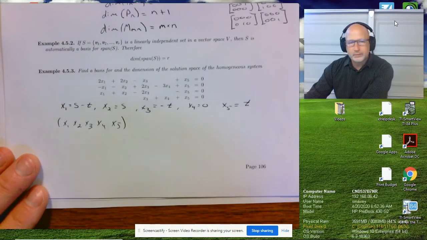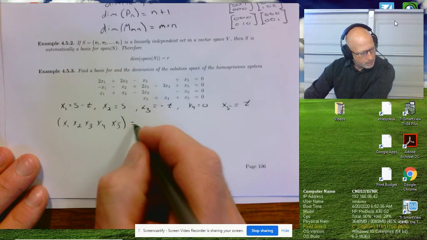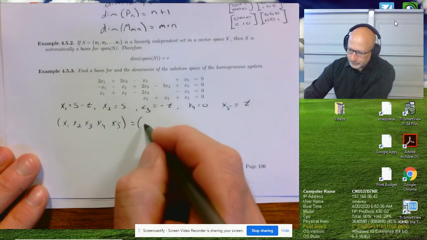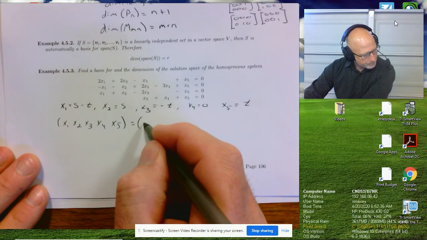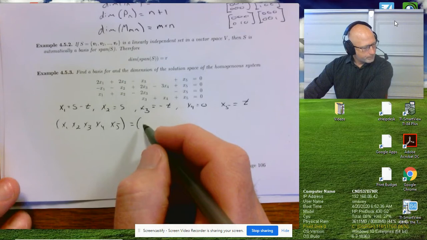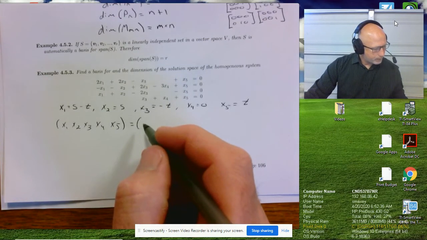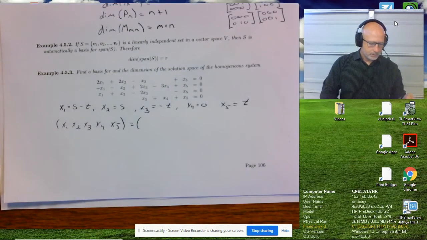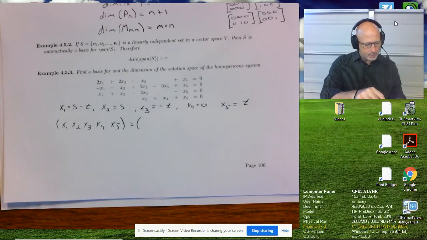I'm going to view this as a set of vectors, which is equal to, so I think I had the wrong thing in here. I need to double check. I have an extra negative in either x1 or the other one. So I just have to double check which one is which.